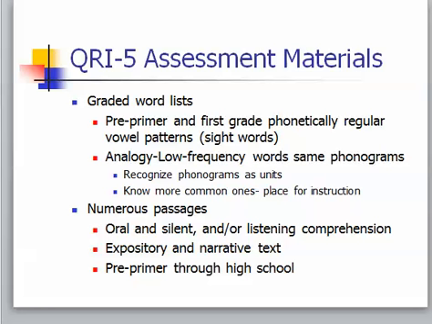You can give them oral and silent. We're giving every student oral. If they are reading silently in their regular classroom, we will also allow them to do a silent reading and compare their comprehension performance. We have expository and narrative passages, and they are labeled as such.